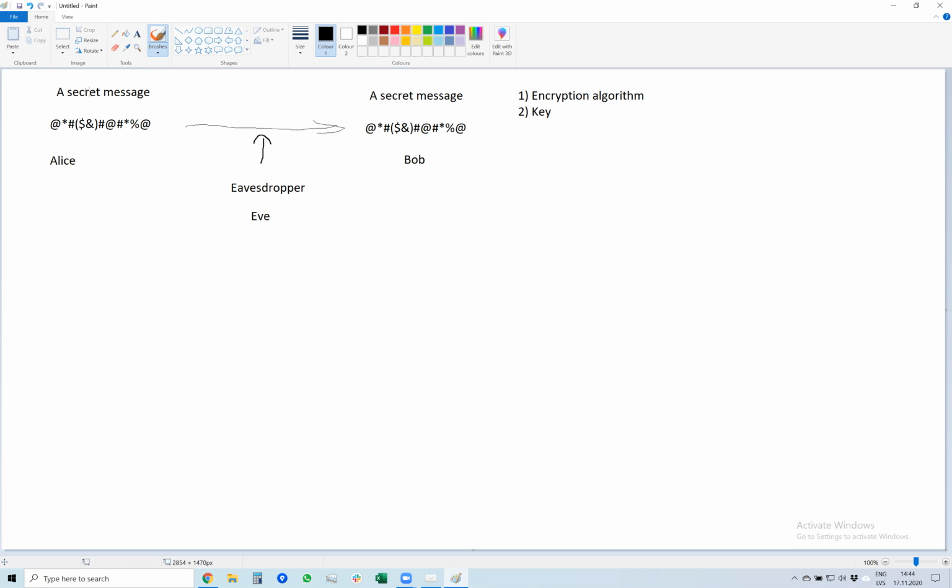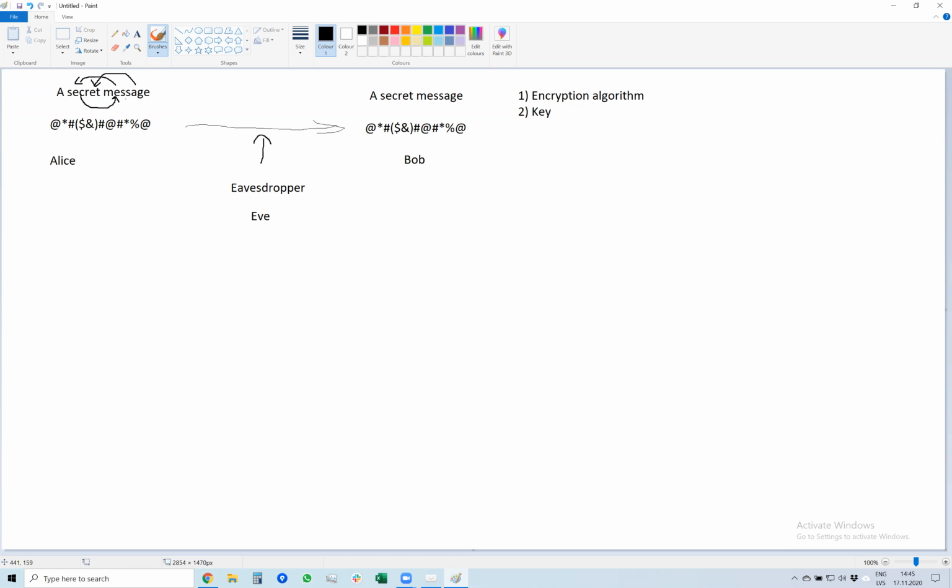Or maybe I just swap the letters with their places. So I put letters in different locations, and that is my encryption algorithm. And the mistake is that I would think that my algorithm is a secret, so the eavesdropper doesn't know the algorithm. So the eavesdropper cannot decode the message.